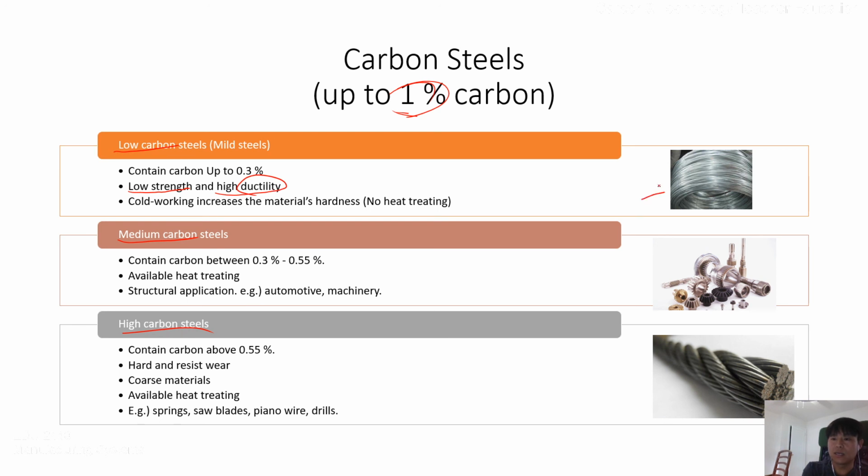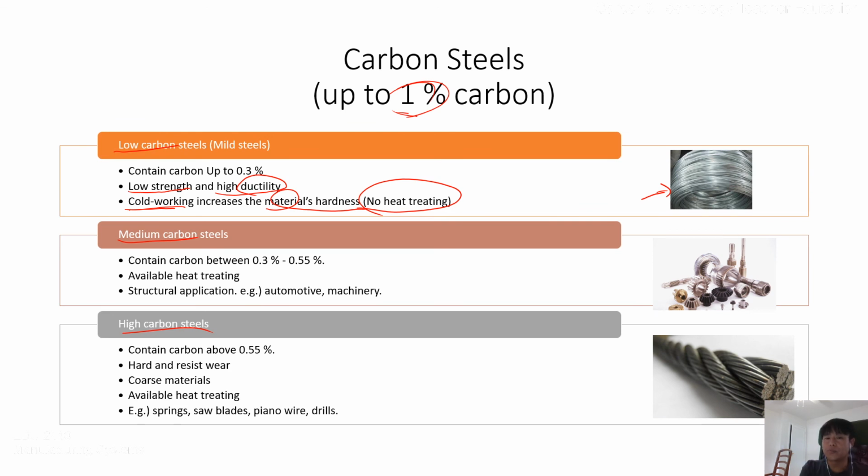You can see this like a metal string, right? You can easily bend or stretch it, but it has low strength. This allows cold working to increase the metal's hardness, so no heat treating. Without heating, we can just convert that product, right?